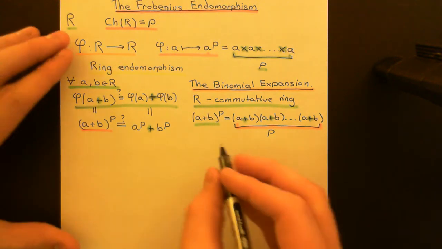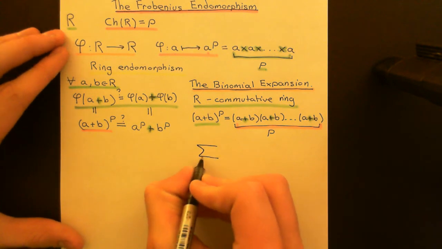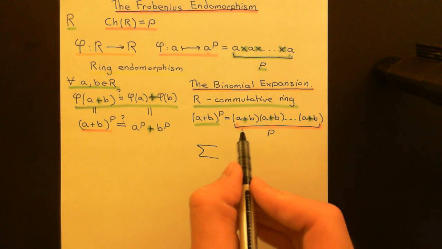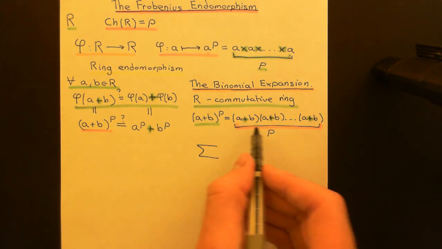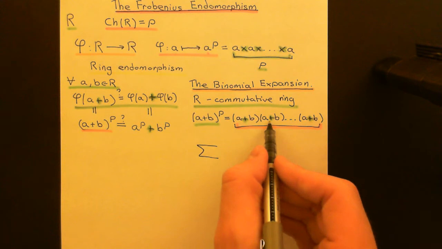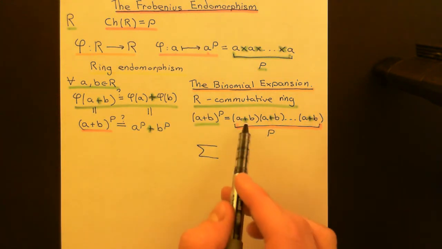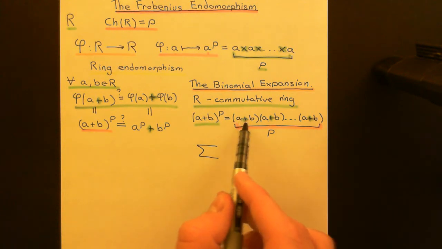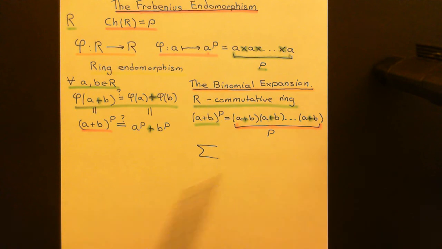Okay, so this is going to be a great sum, so I'll start writing that. So you're going to have a sum here, and of course the addition is going to be in the ring capital R. And now the things that you're going to get are going to be of this form that I continuously keep saying: something from here times something from here times something from here. Of course, that just comes from distributivity, that what you need to do is take every possible combination of something from here multiplied by something from here, etc., all the way up to something from here, and then add them all together.